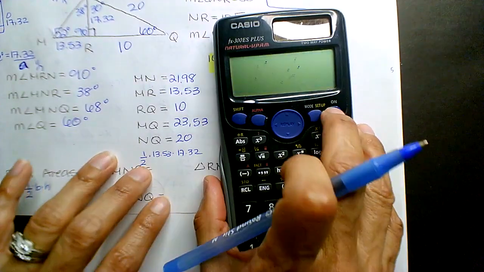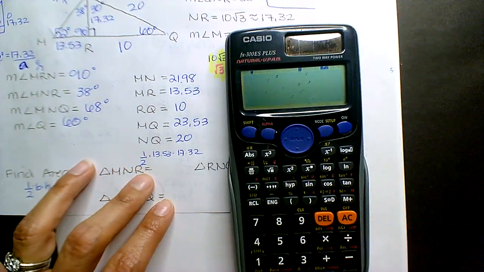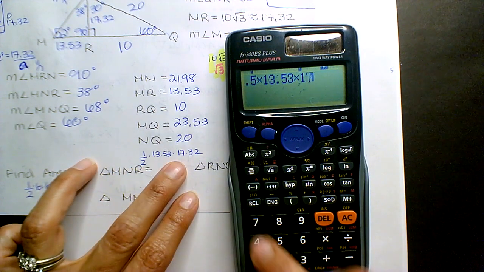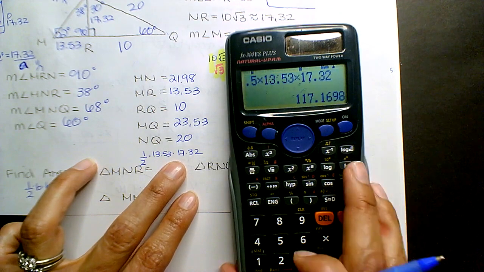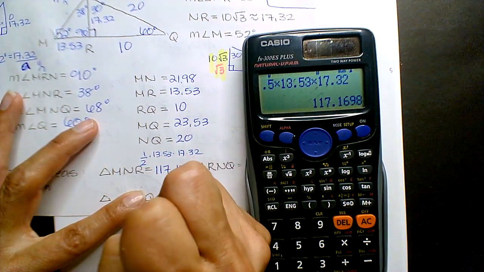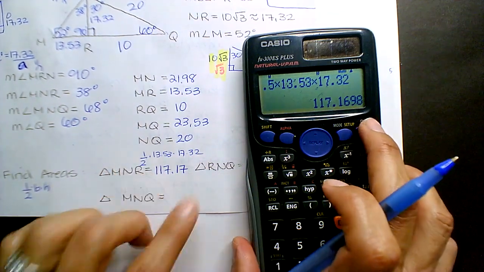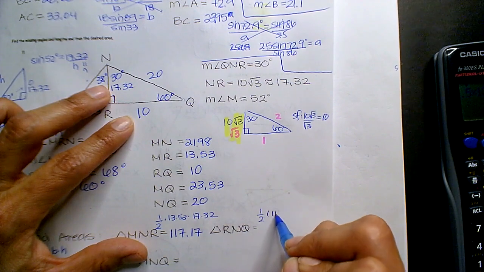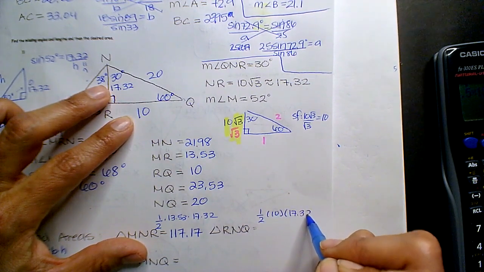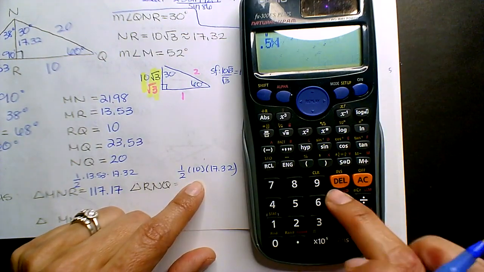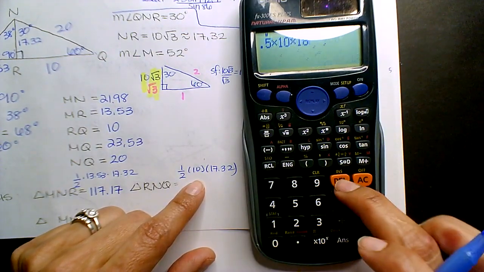You guys know what to do, this one is easy. 117, give or take, with your significant figures. Then R and Q: this times this and a half. So that's 5, so it's really 5 times that.